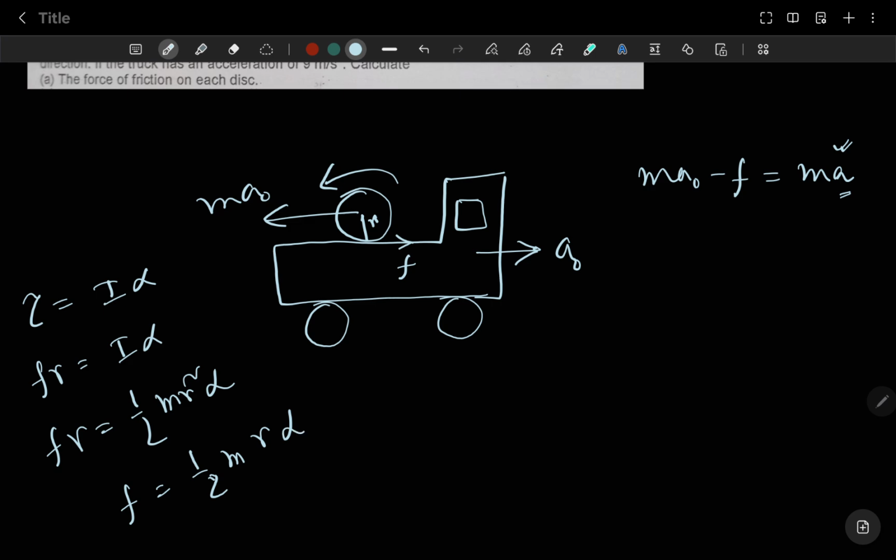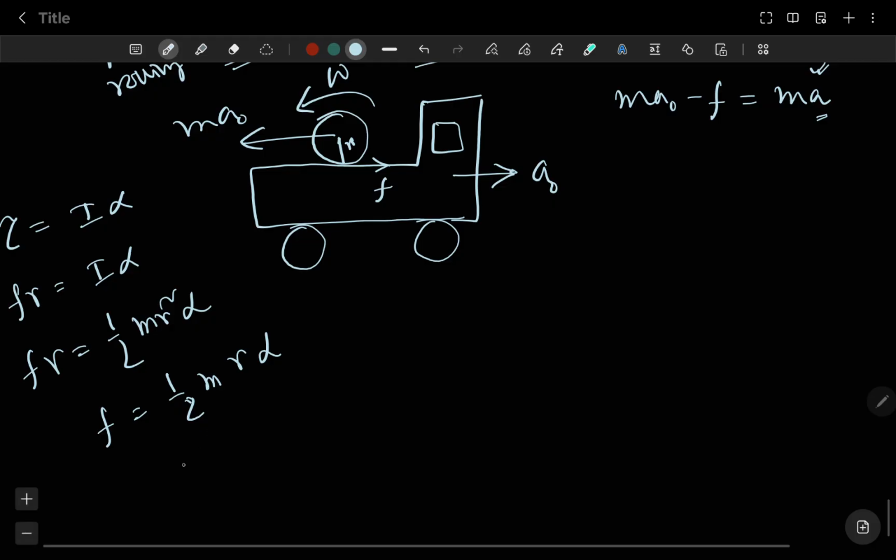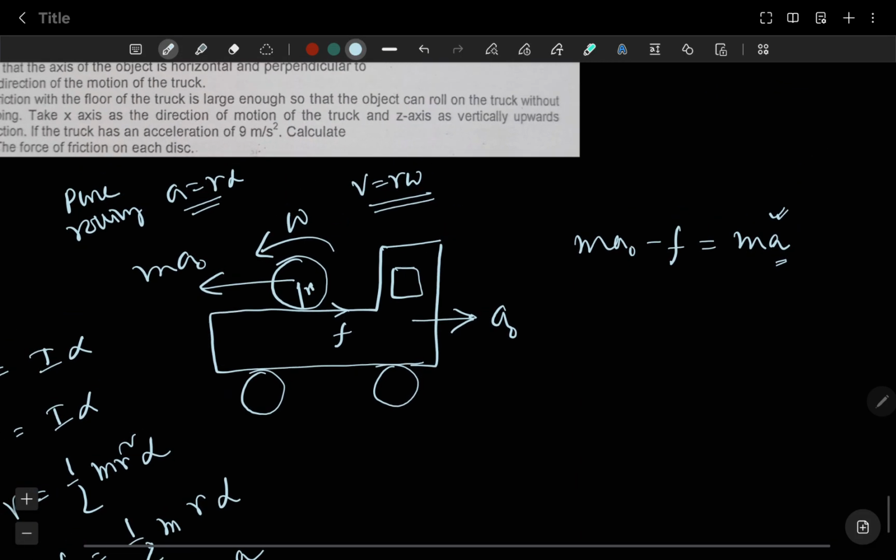Okay, now as the wheel is executing pure rolling, we must have a equals r alpha. Okay, as v equals r omega, a equals r alpha. Okay, fine. Then we will write it as half ma. Okay, now let's put it here.